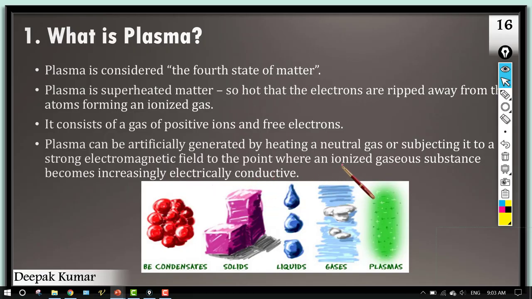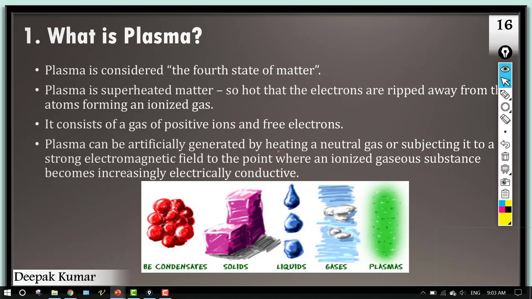This means the neutral gas has released electrons, and because of the free electrons the whole gas has become conductive. So plasma can also be generated artificially.